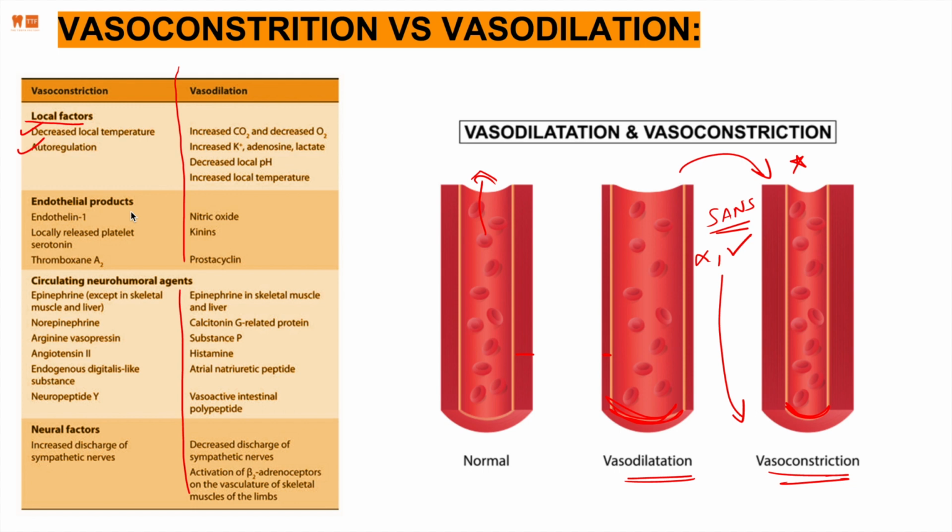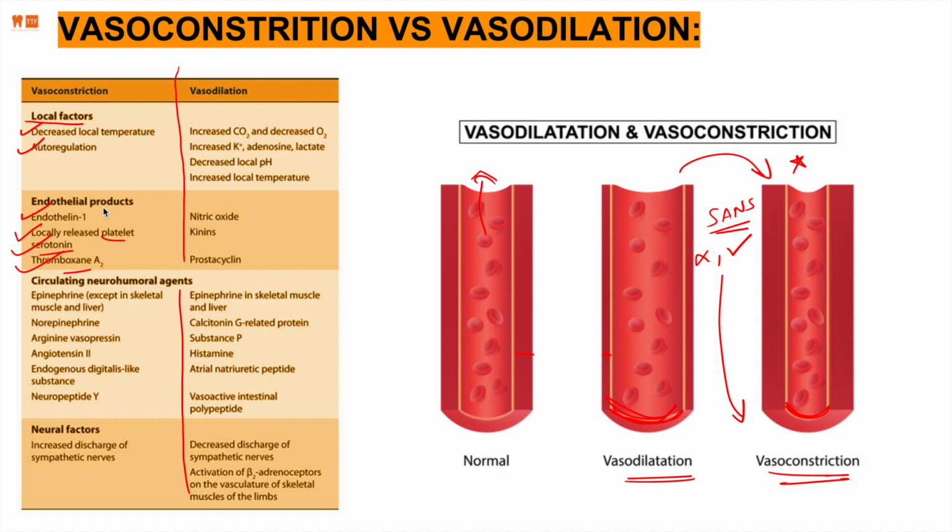In endothelial products, so these are basically various types of chemotaxis or chemoreceptors and molecules and hormones and other molecules around the body, such as endothelin 1, locally released platelet, serotonin, thromboxane A2.